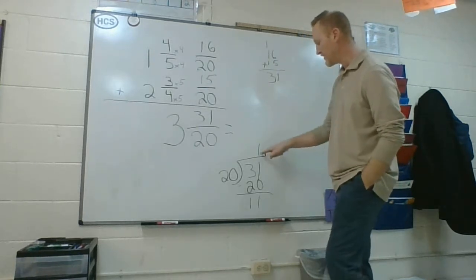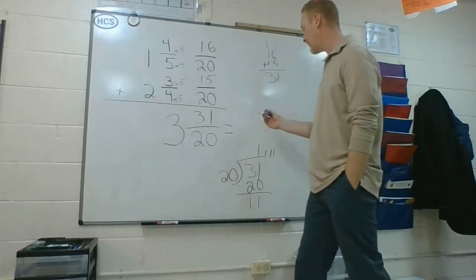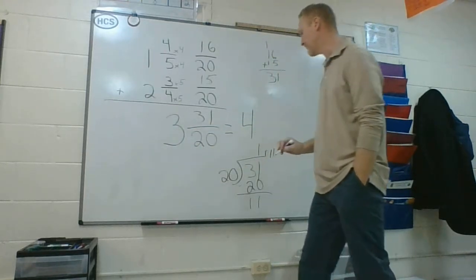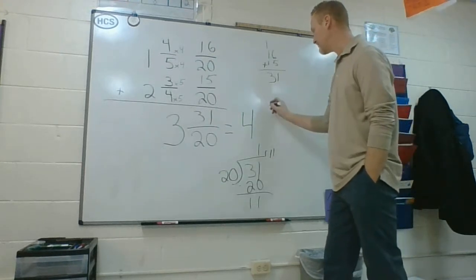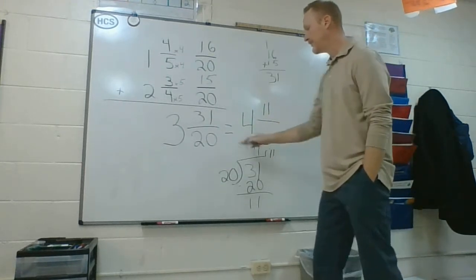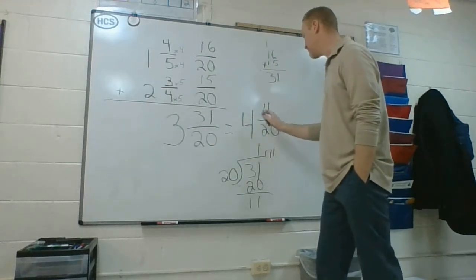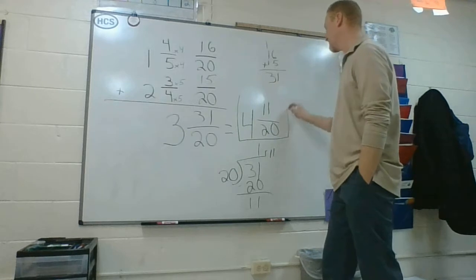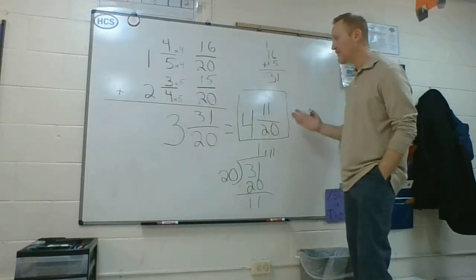So I'm going to take that 1 whole and add it to my other whole, the 3. So now I have 4 total wholes with 11 left over. 11 is the numerator, and the denominator stays the same. So my answer to this problem is 4 and 11/20.